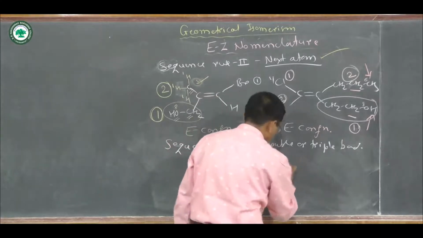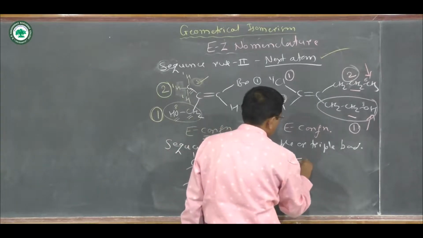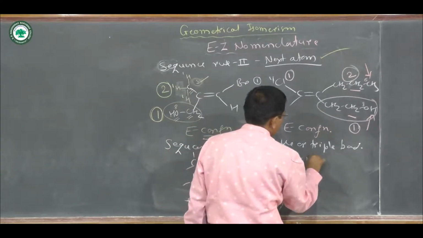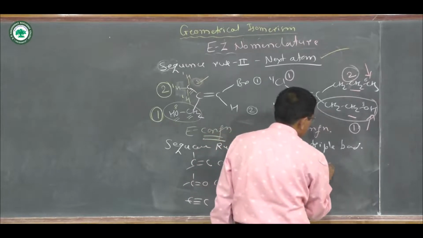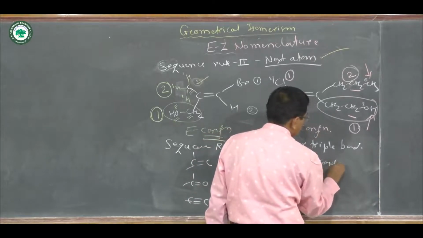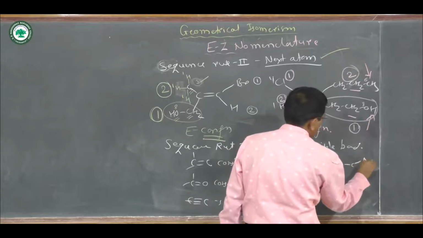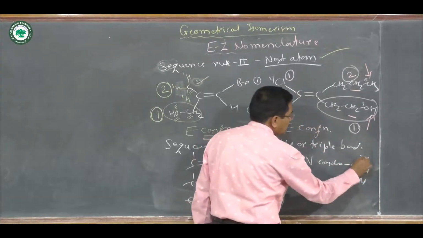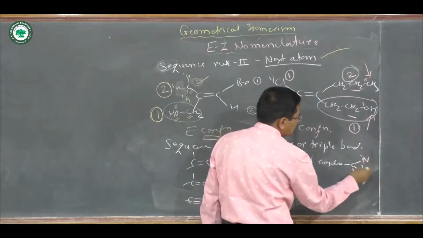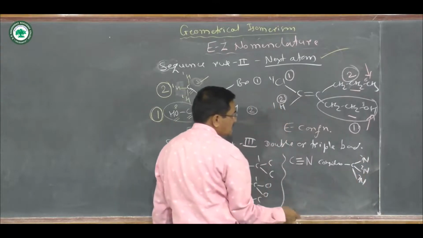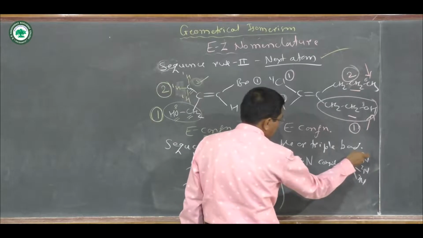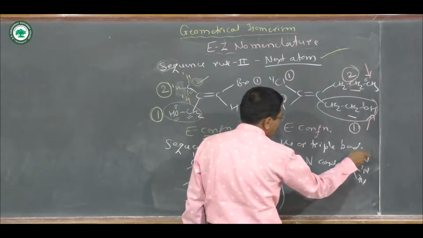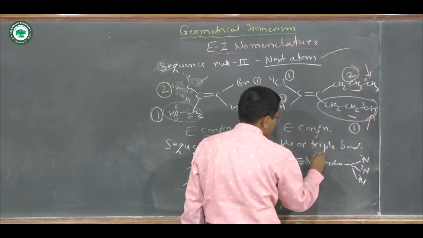Similarly, for a carbon-nitrogen triple bond, it considers nitrogen and nitrogen, and then we sum all these 3 nitrogens, so the sum of these atomic numbers is here 21.